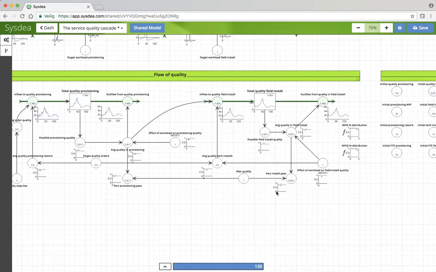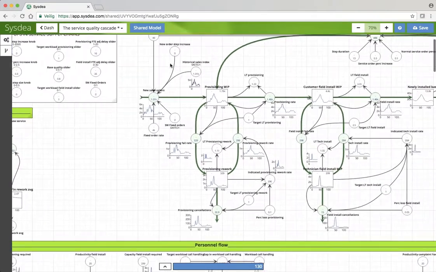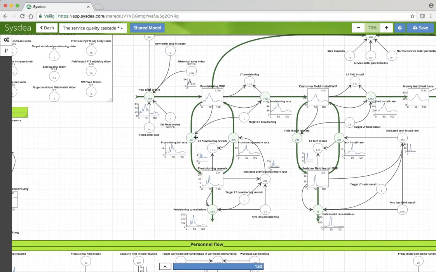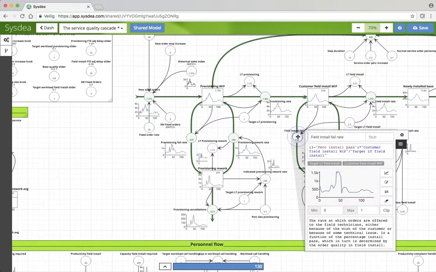So these percentages then go back to the primary flows up here, where the provisioning fail rate depends on the percentage of provisioning pass, and the field install rate depends again on the percentage of initial install pass.